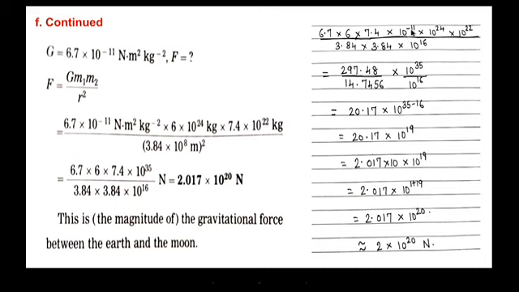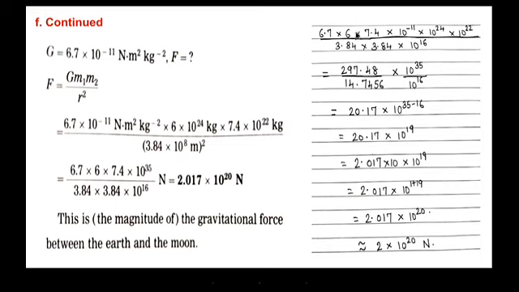And in the numerator, 10^-11 × 10^24 × 10^22, using a^m × a^n equal to a^(m+n), we have 10^35. In the denominator, we have 10^16.